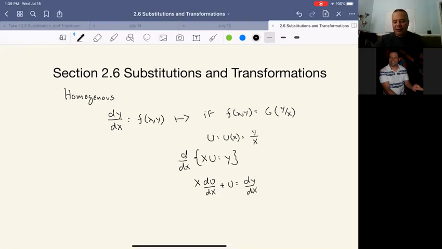So we're going to run our homogeneous equations through this transformation. u of x is y over x, and dy/dx is going to be x du/dx plus u. This should give us something new to work with, which may be solvable now. The hope is that it would be solvable. That's the first type of equation we're going to see.